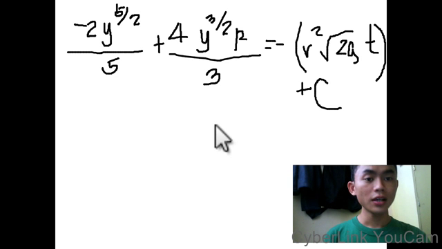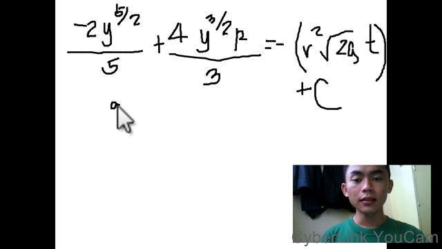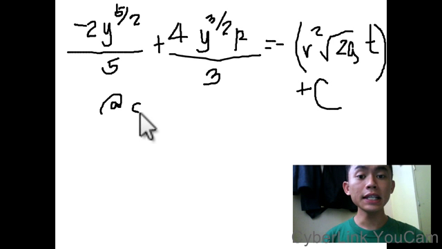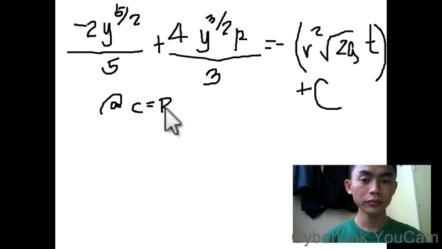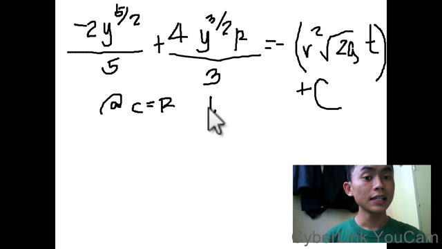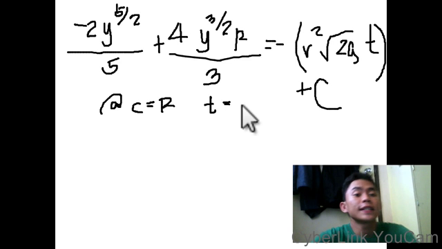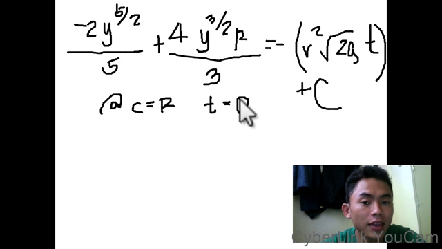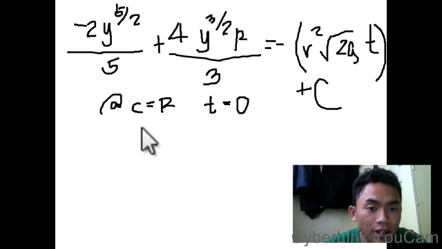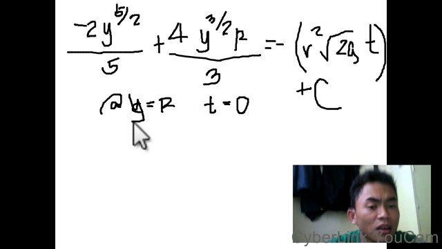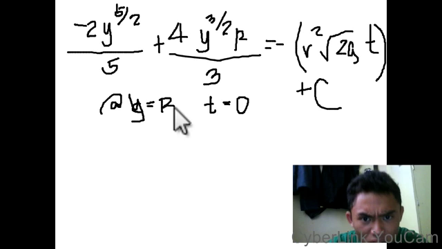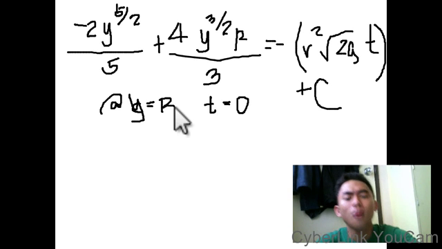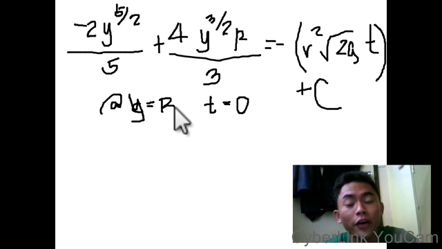Let's find c. At t equal to 0, y is equivalent to r because it was our radius.